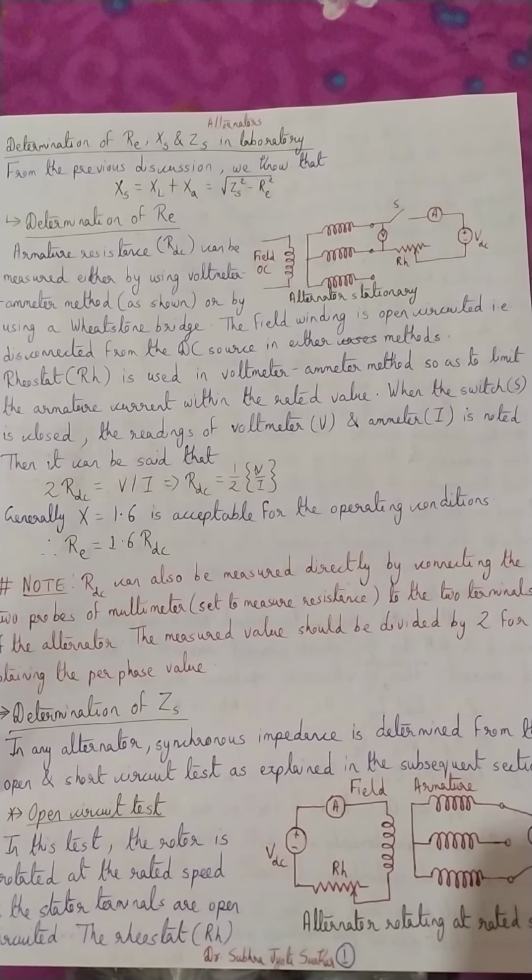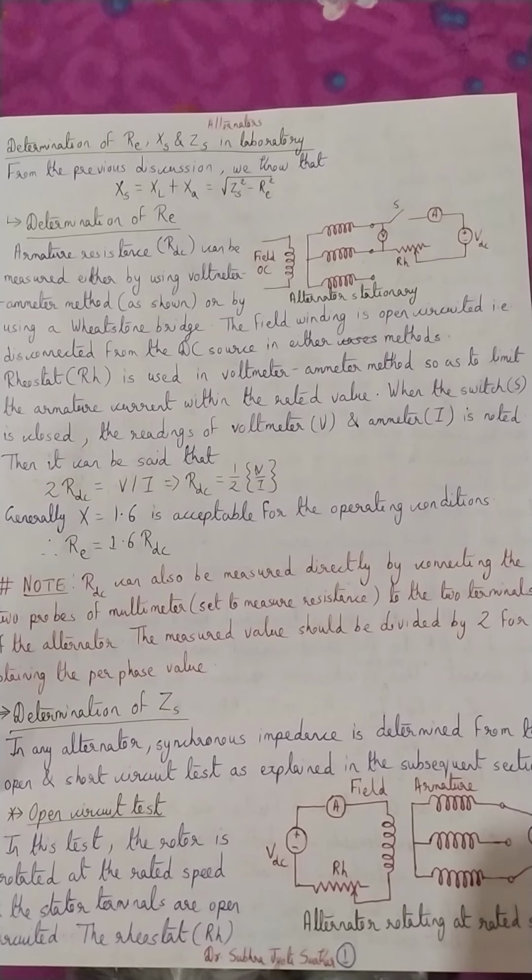So I would be discussing the basics of an experiment which is performed for finding out different parameters of an alternator. There are three parameters actually: Re, that is the effective resistance of the alternator; Xs, that is the synchronous reactance of the alternator; and Zs, which is the synchronous impedance.